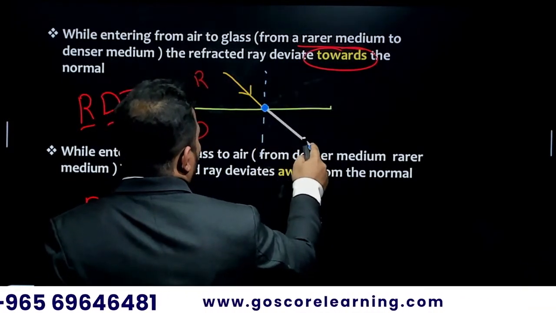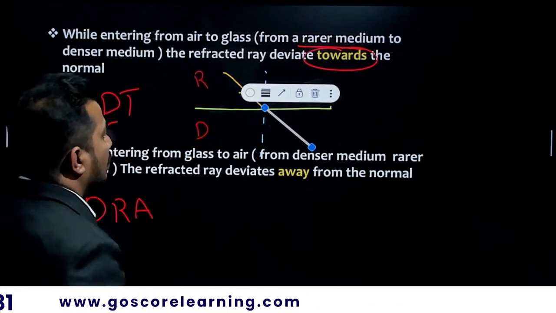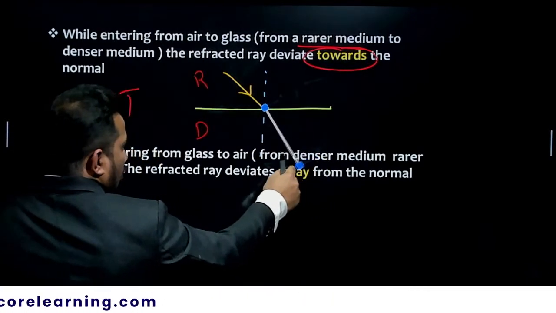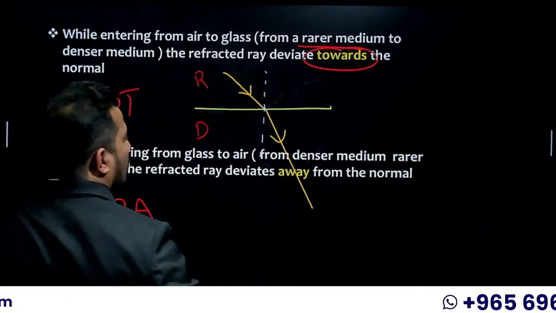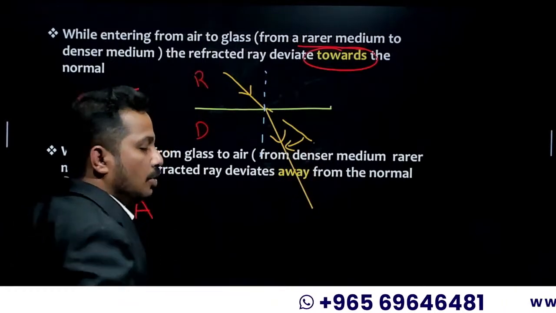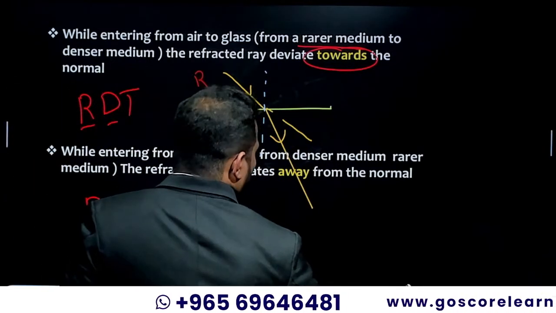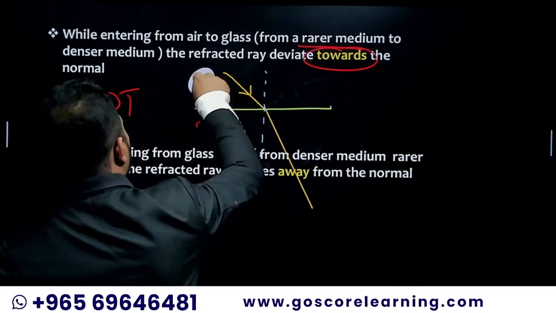As it is entering from rarer to denser, it should deviate towards the normal. So this is how the refracted ray looks. From this actual path, it is deviated towards the normal.